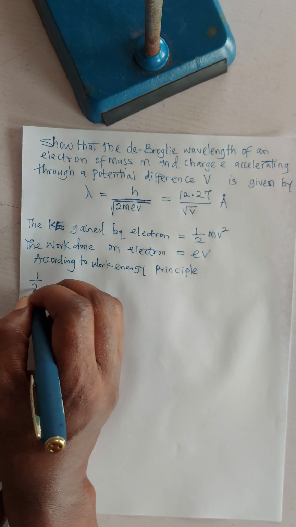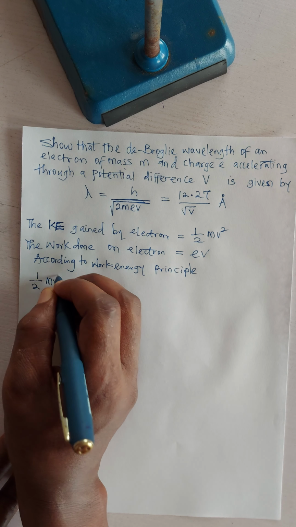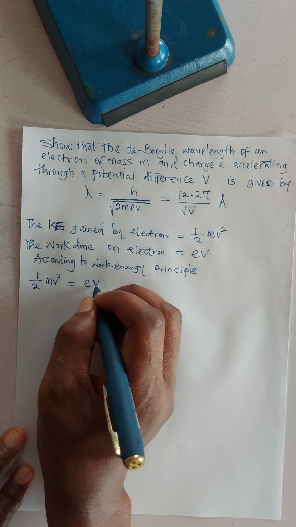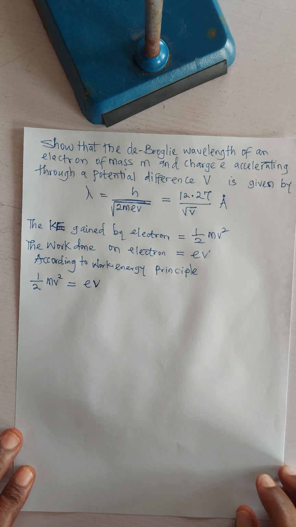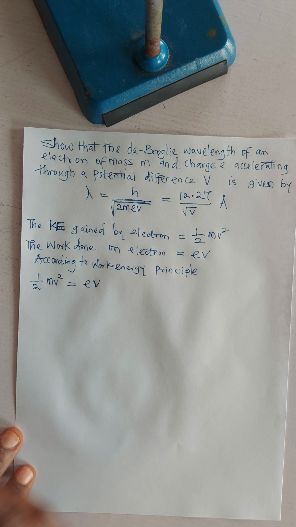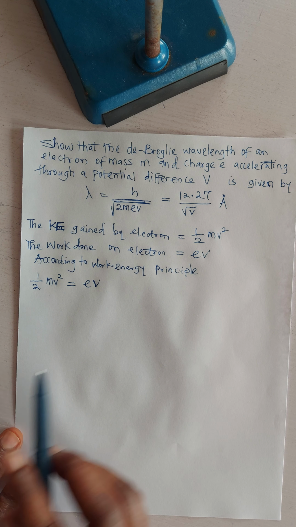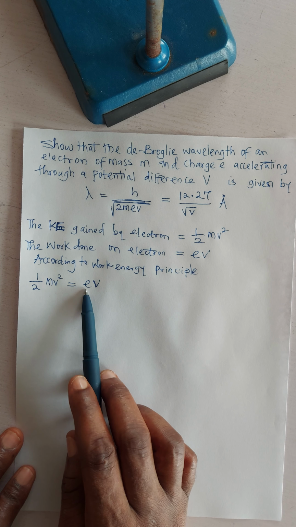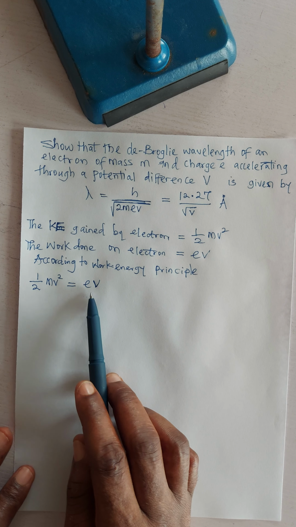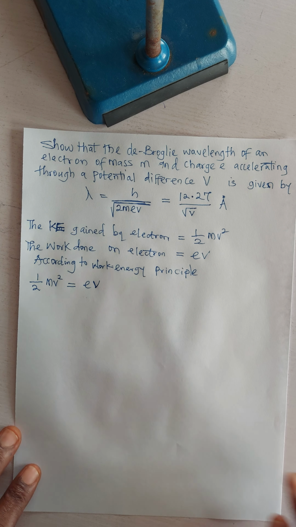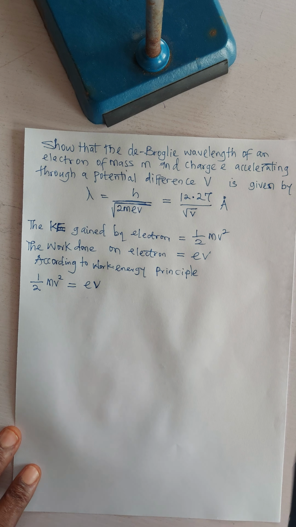I'll have 1 over 2 mv squared is equal to eV, where m is the mass of the electron, v is the velocity of the electron, e is the charge of the electron, and this V is the potential difference.